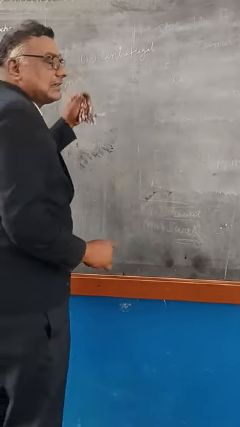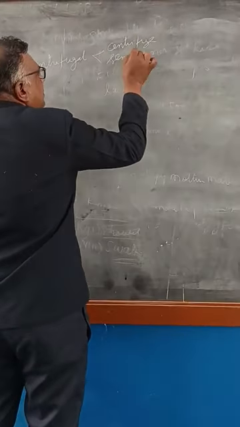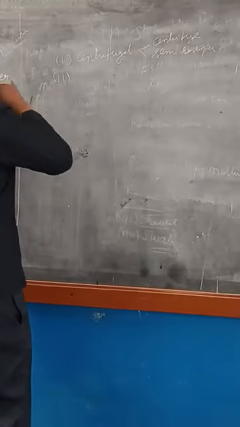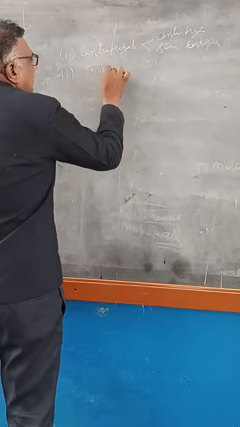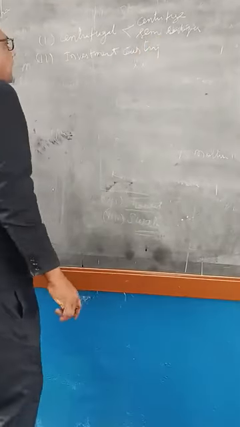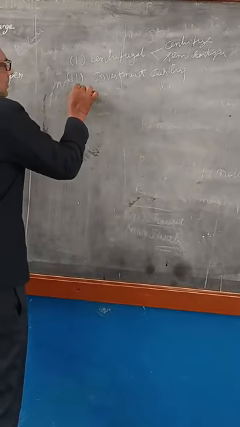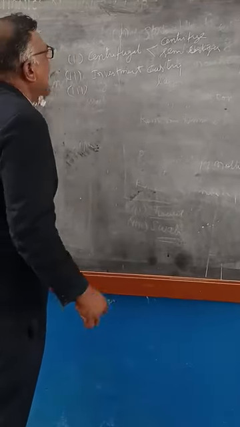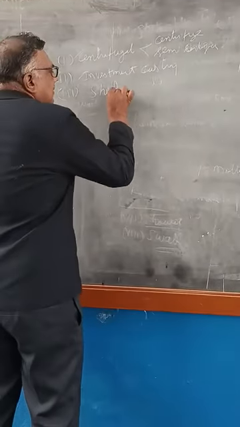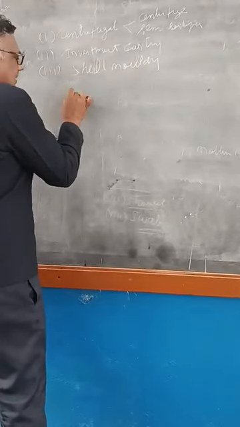In centrifugal casting also there are two types: centrifugal and semi-centrifugal casting. Then investment casting, shell molding, etc. Apart from this, you have the die casting process.